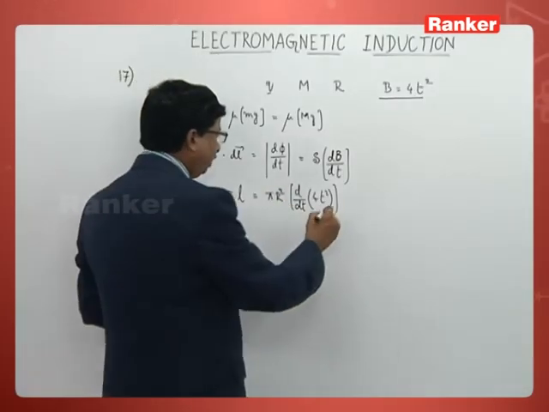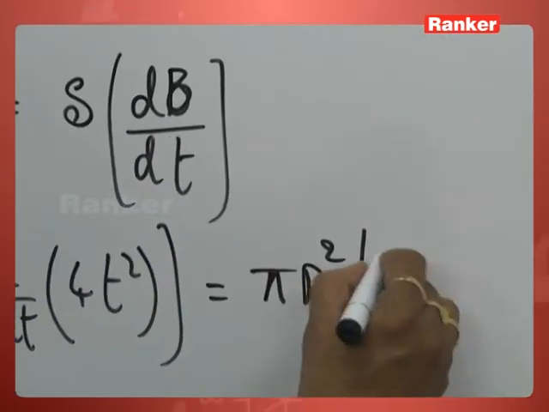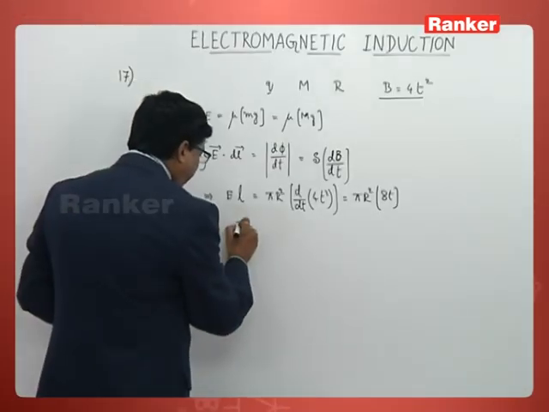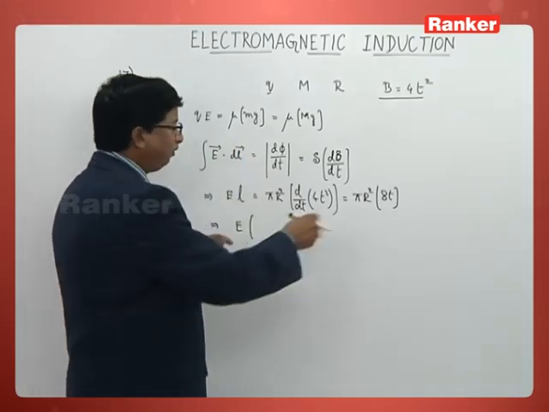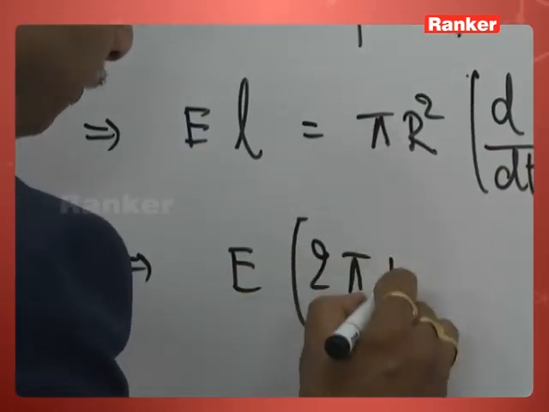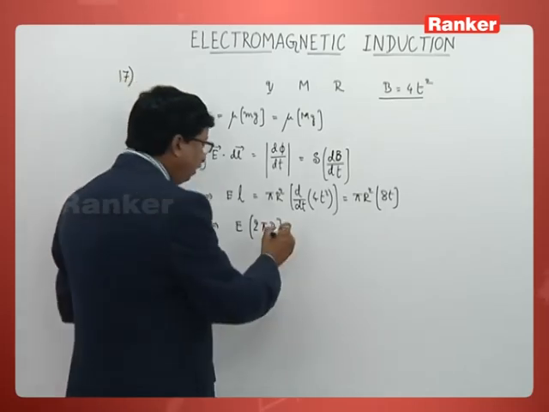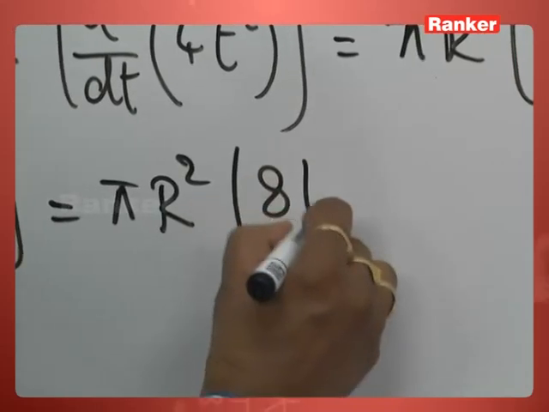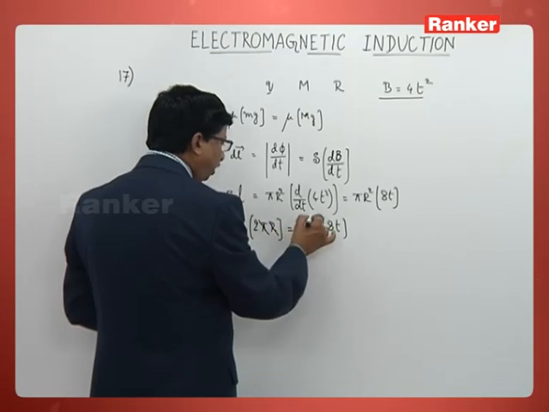So what value are you getting ultimately? Pi r square as it is, and this now becomes 8t. But at the same time we can write E times the integral of dl, that is L. L is of course of the ring. For the ring, the circumference is 2 pi r. That is equal to pi r square times 8t. Now one pi I can cancel, one r I can cancel.